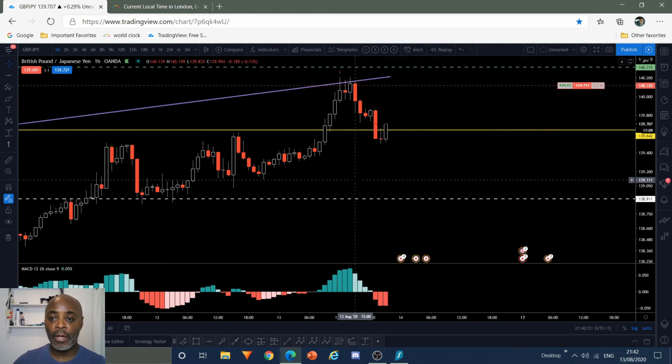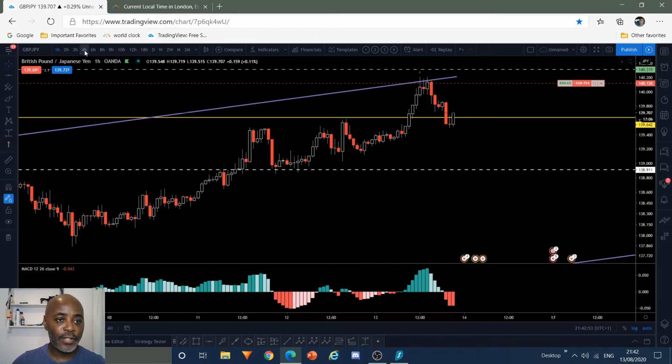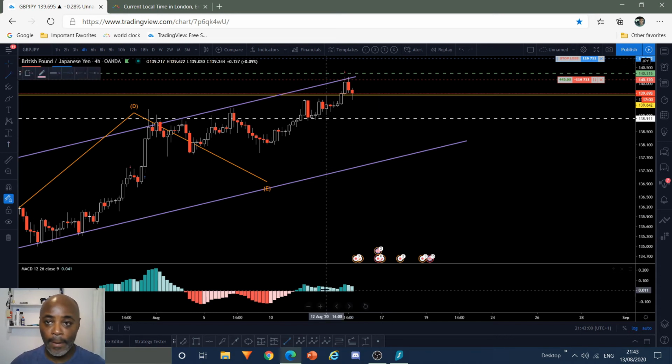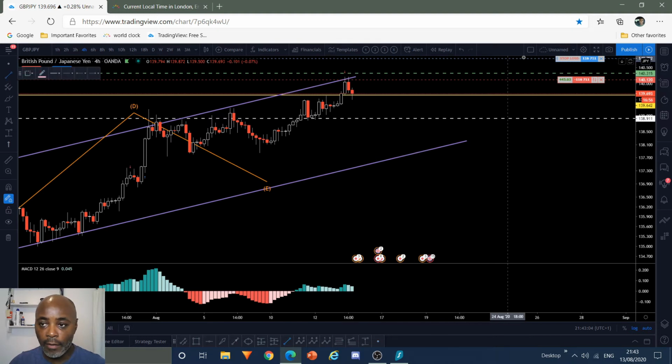Now, the next step of this trade is to get to break even, or how we manage our break even as quickly as possible. If you remember how I do that, let me grab my tool here. There's my stop loss, there's my entry. The blue one is my stop loss, the red one is my entry.